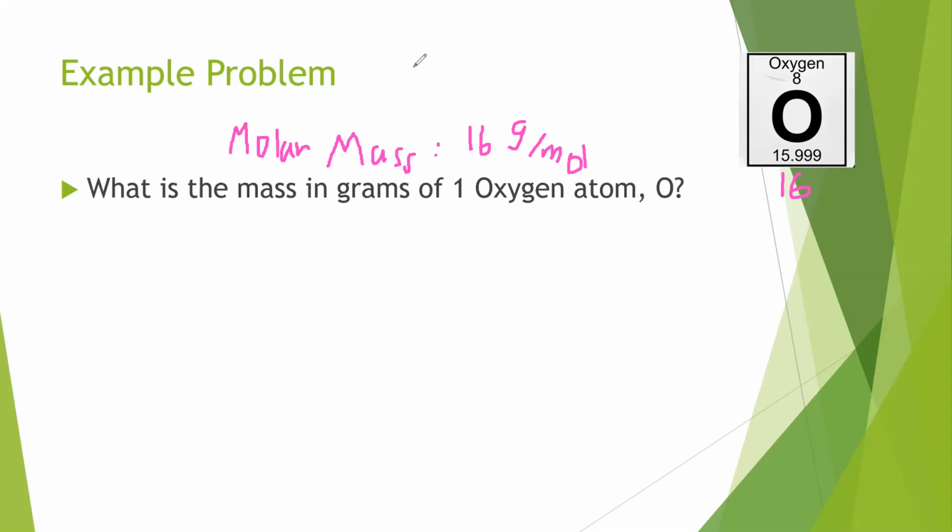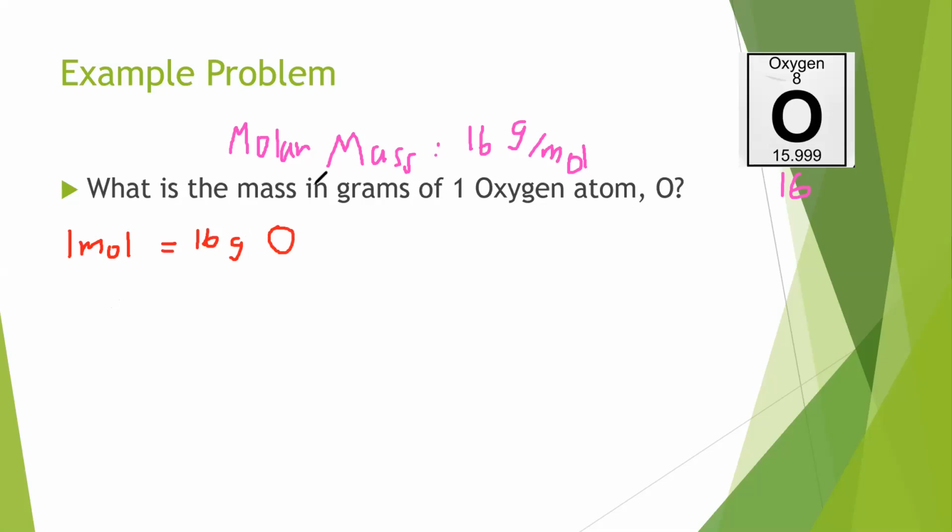So if we want to do it the long way, we can say, since it's 16 grams per mole, let's assume it has 1 mole. So we have 1 mole equals 16 grams of oxygen.